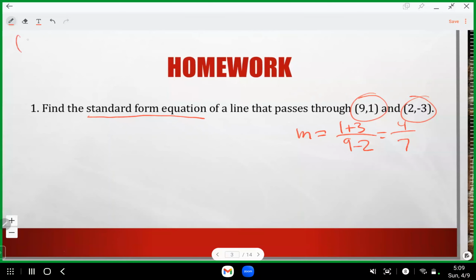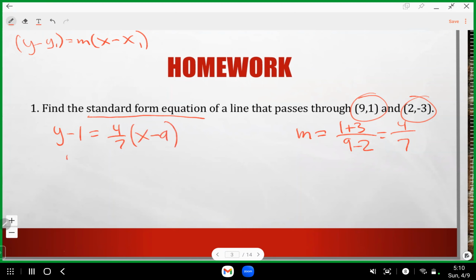So recall it is y minus y1 is equal to m times x minus x1. So we already have the m, the slope, and we just need to pick one point. So let's pick 9, 1. So y minus 1 is equal to 4 over 7 times x minus 9.